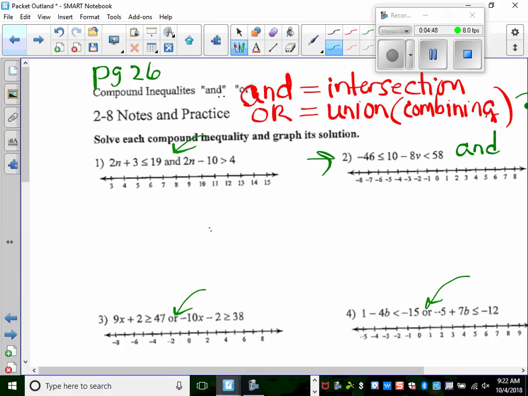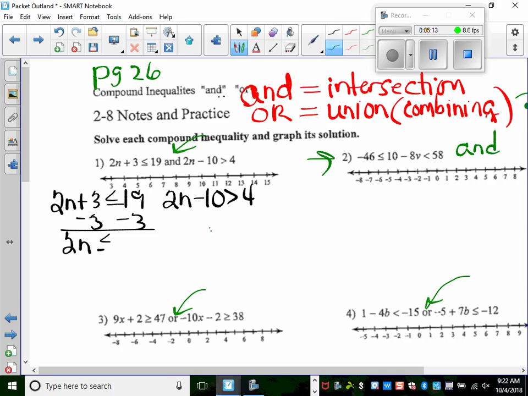You're going to solve them individually. So let's just go ahead and solve the first one. I'm just going to copy them down here. And I know it's an "and" statement, so I want to know where the two would overlap one another. So I am going to subtract 3 here. That will give me 2n is less than or equal to 16.